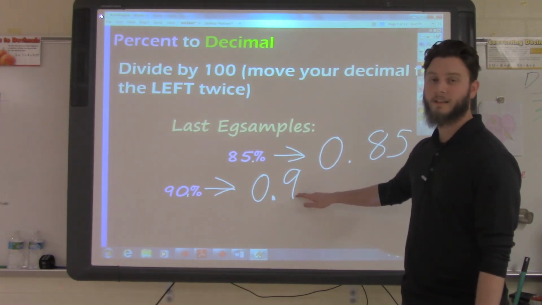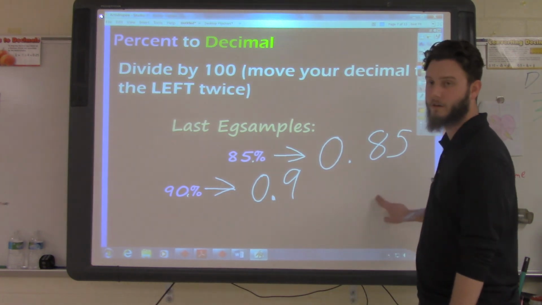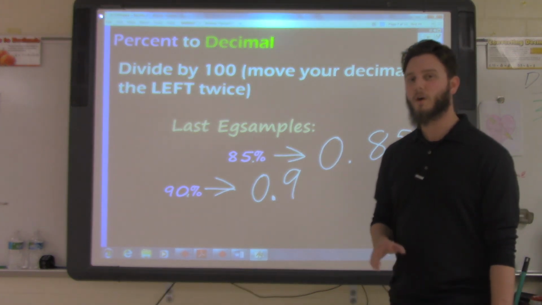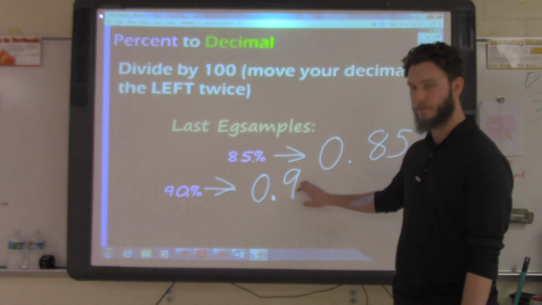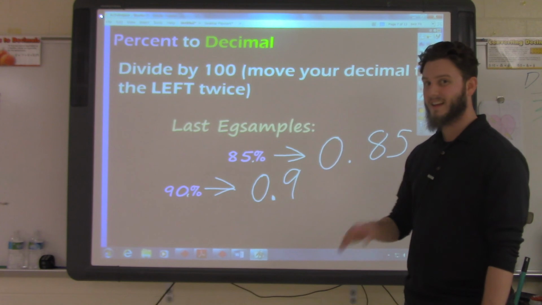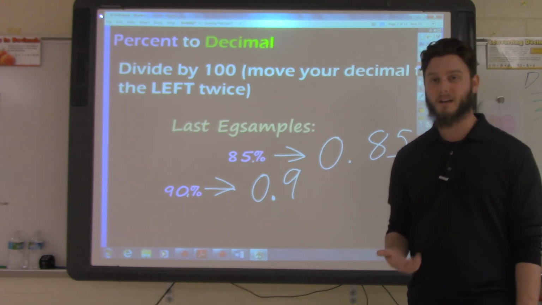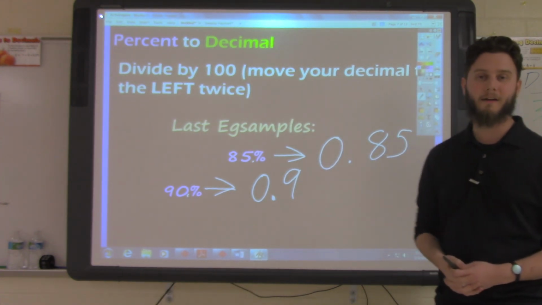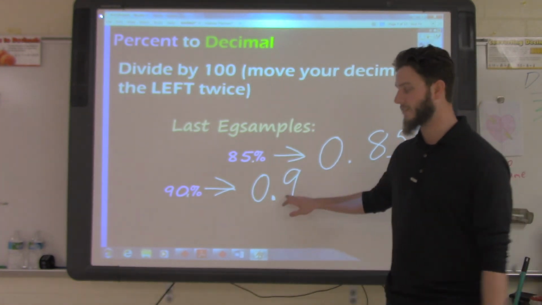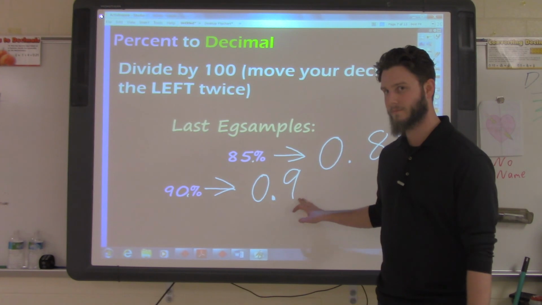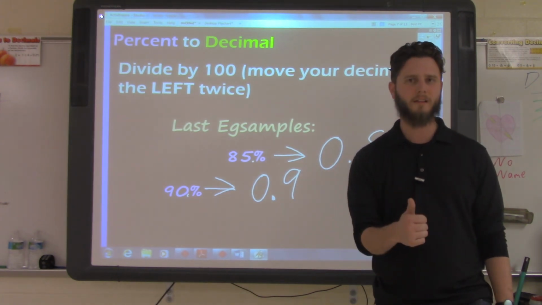This is going to be 9/10 regardless of how many zeros I put next to it. The only case where it might matter is if you are dealing with money, in which case you are going to need to have 2 decimal places regardless of if there is anything in your hundredths place. Okay? Are you all set?